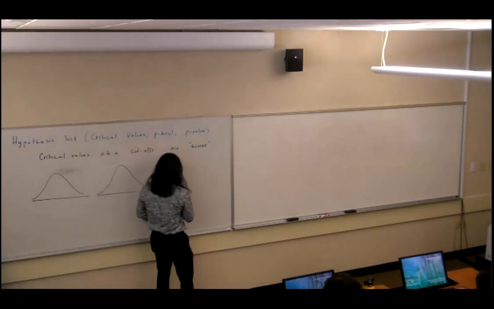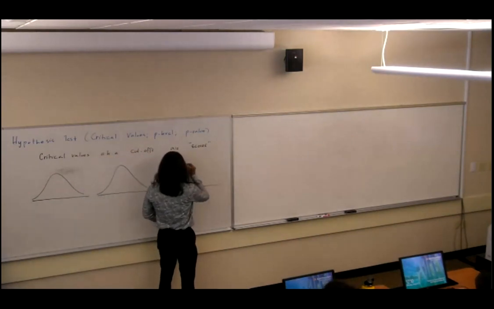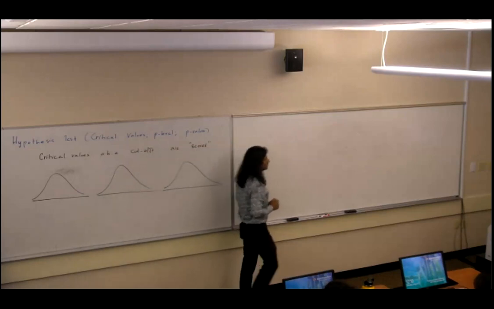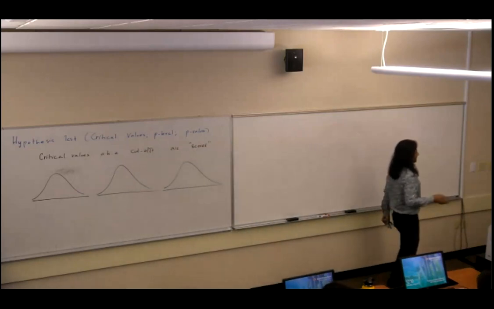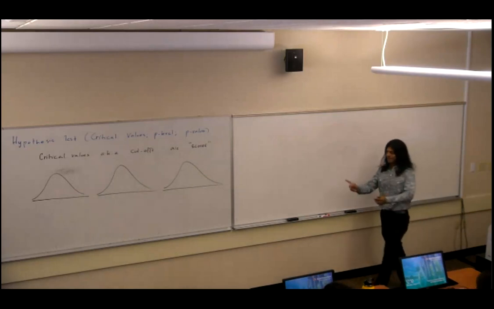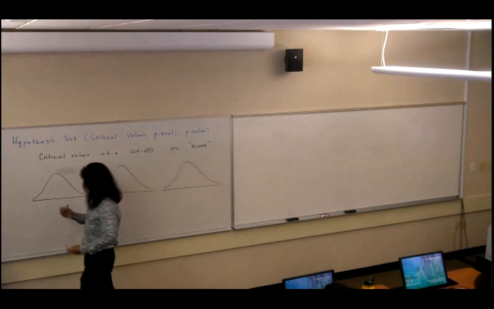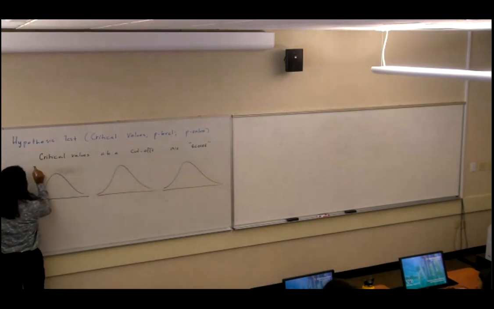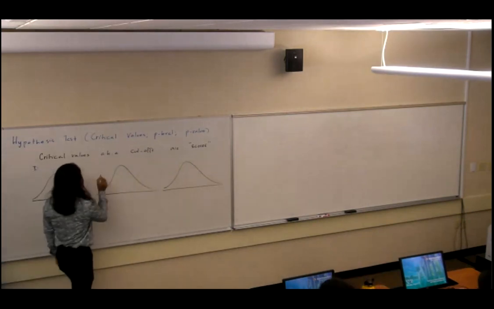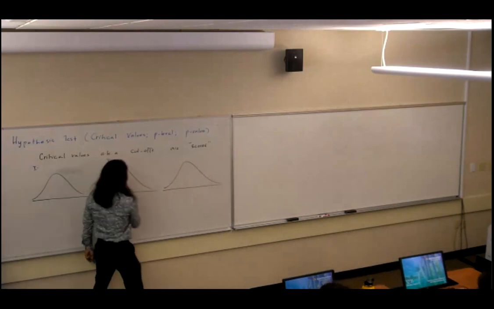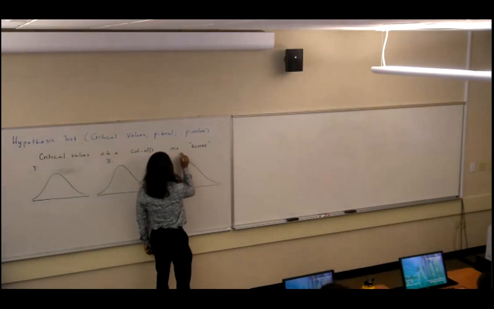Case 2. Case 3. You might wonder, they all look the same kind of. What does it mean by case 1, 2, 3? Explain in a second. I take here 1, 2, 3.